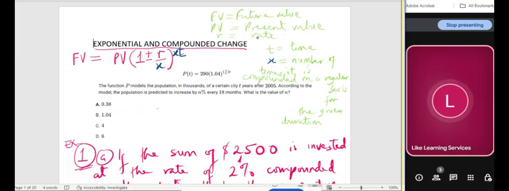That's the number of times it is compounded on a regular basis for a given duration, which I will talk more about. And of course, t is that duration.